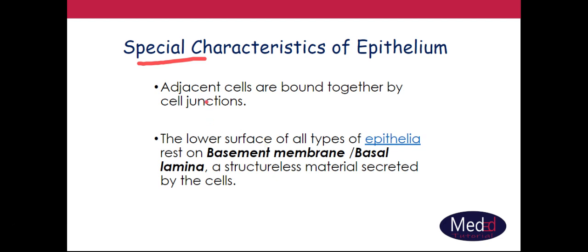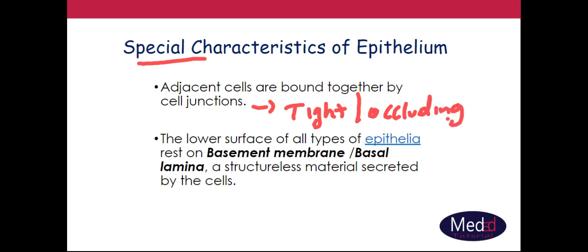Epithelial tissues are tightly packed together, and this is because they have what we call tight or occluding cell junctions. Later on, I'm going to be talking about cell junctions. One of the types of cell junction that we have is the tight, or occluding, cell junction. These junctions help to hold cells tightly together such that there is little or no space between cells.